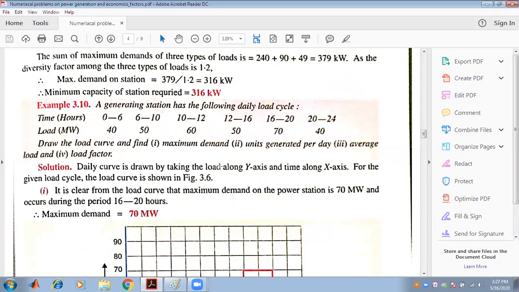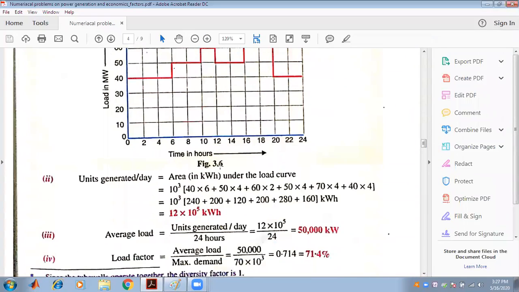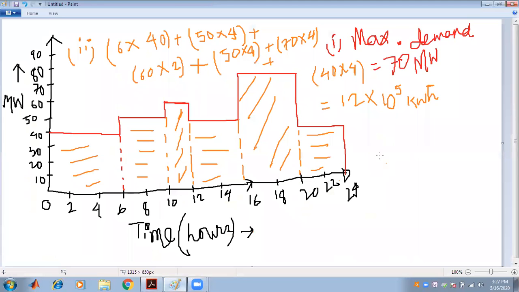So what is our average load? Average load is the total load, meaning the units generated per day, divided by the total time of 24 hours. Our third portion is the average load.